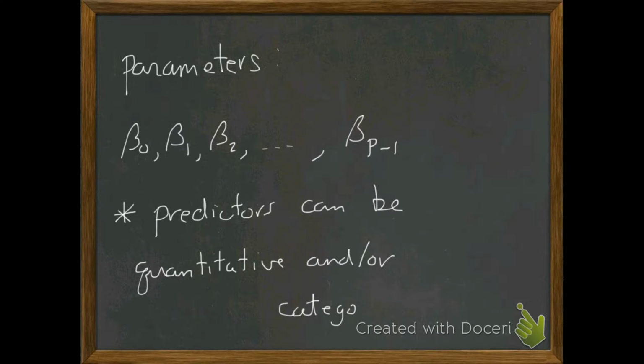So the multiple regression model permits us to put gender, socioeconomic status, if it was categorized, political party, religious affiliation, variables like that in.